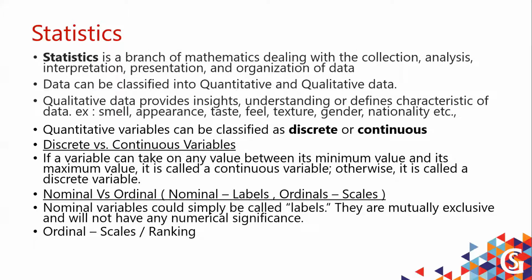So it can take any value in between minimum and maximum. That is continuous variables. Discrete is always taking integer numbers in between the minimum and the maximum of that set, right?